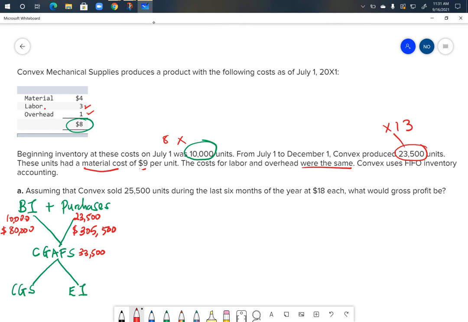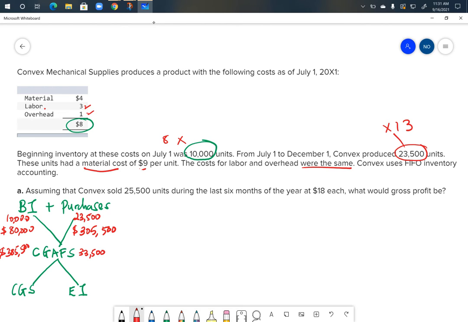But remember, you had a beginning dollar value of 80,000. If you take the 80,000 and add the 305,500, this gives you the dollar value of the cost of goods available for sale, which is $385,500.